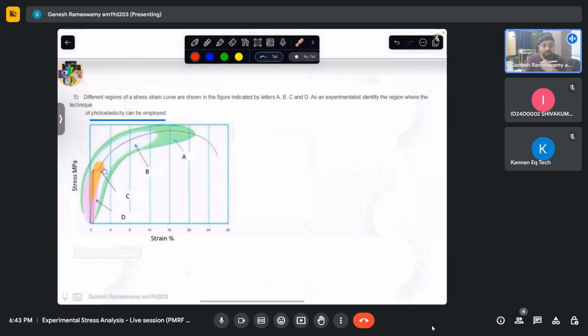So I might have to use other techniques at my disposal. So this starts as we begin to load the model till it reaches its yield. We have its validity. So essentially, this is photoelasticity.